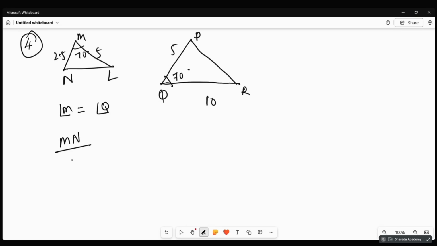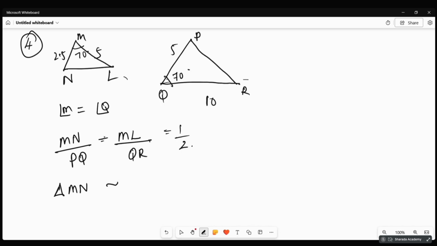MN by PQ is equal to ML by QR. ML by QR is equal to 1. If you write similar, how will it come? Tell me which two triangles are there. Keisha, which triangles will be similar here?